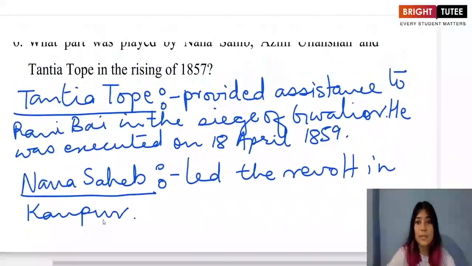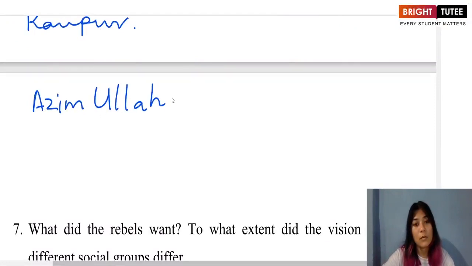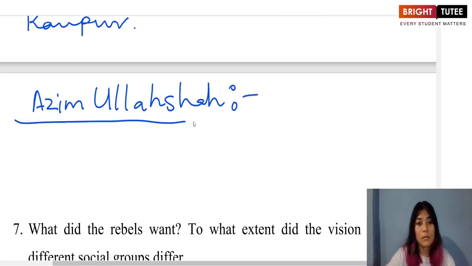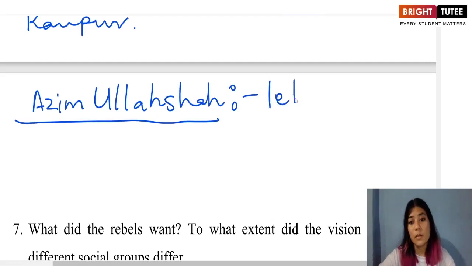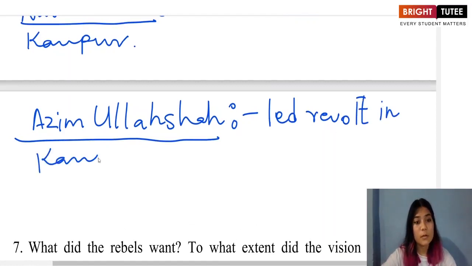Next is Azim Ullah Shah, another important leader who led the revolt in Kanpur.